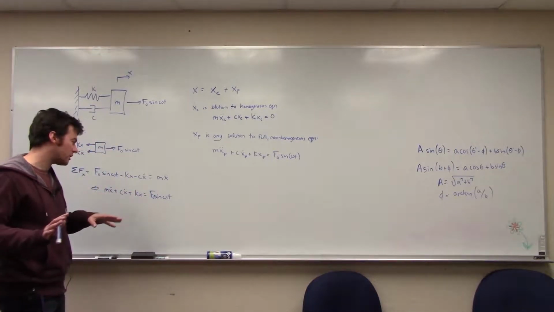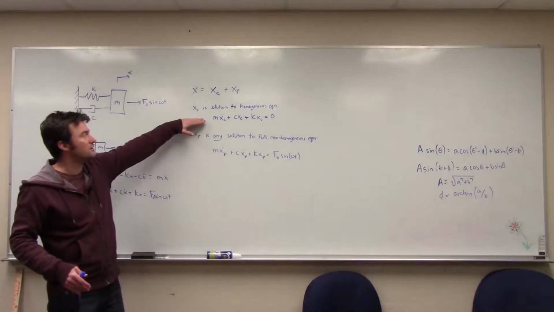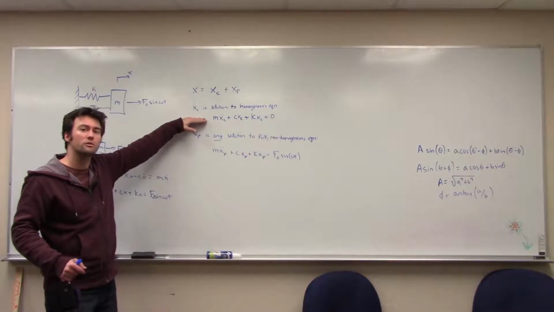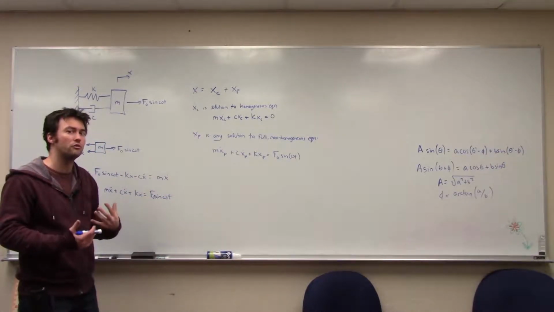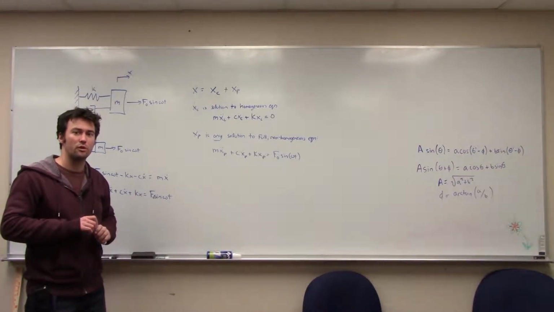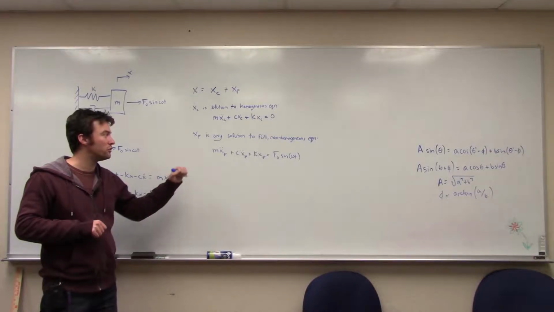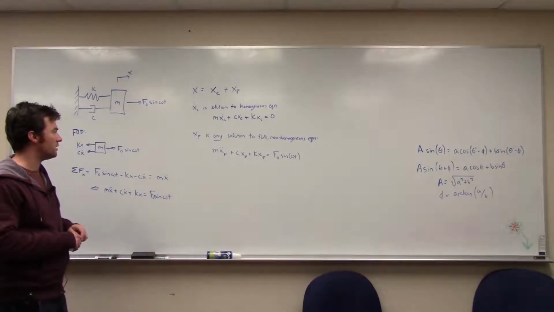Remember, it's important to say that because we realized that this had a few different solutions, right? You could take any linear combination, and in order to find the full form of that, it took a little bit of work. It turns out we don't have to go through all that work here. We just have to find one solution to this thing, all right? So let's go ahead and do that.